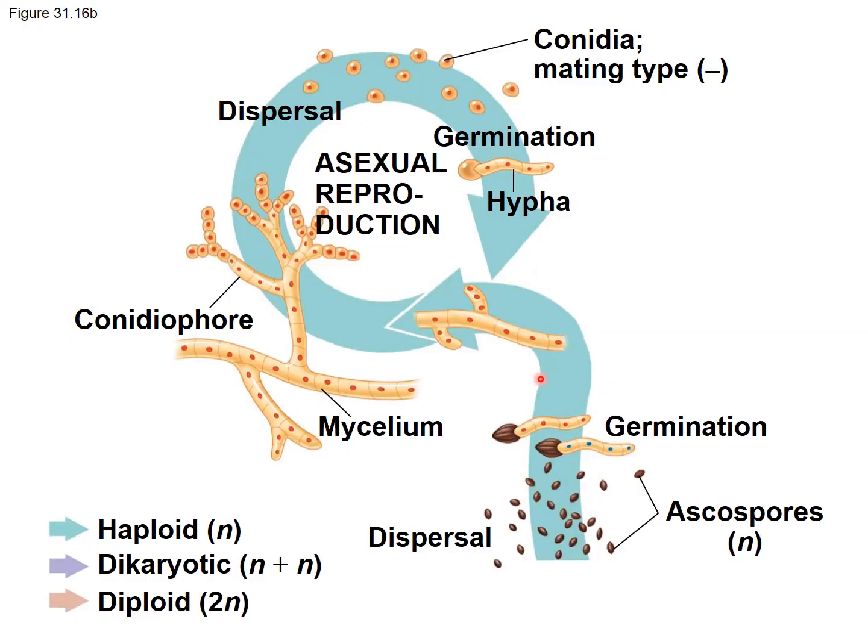Asexual reproduction simply involves these spores being dispersed. They're eventually going to land somewhere, germinate and develop into hyphae. These hyphae start to form the conidiophores themselves. During asexual reproduction, they're not going to fuse with another different mating type, creating that dikaryotic stage.